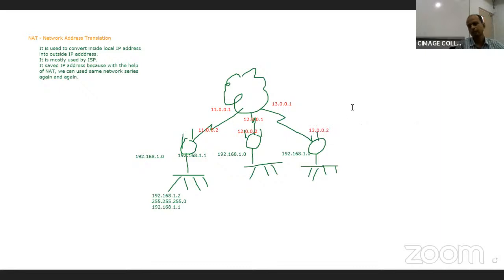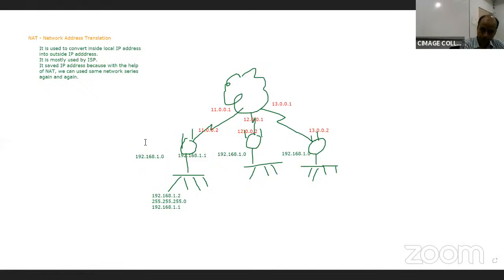See, from ISP to user, there is a unique IP address at every station, at every end. And in the inside network, the local network, every network has the same IP series.